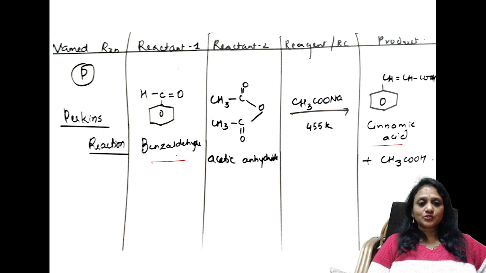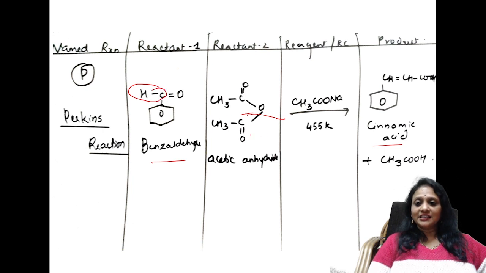Right, students? So in Perkin reaction, you're going to take benzaldehyde, which has no alpha hydrogen. Along with that, you're going to take acetic anhydride. Remember this, students. So what are you going to get? There is a cleavage of the bond. Check carefully. There is a cleavage of the bond, right? And once this bond cleaves, one part adds to your benzaldehyde, forming, just check, this part is retained.